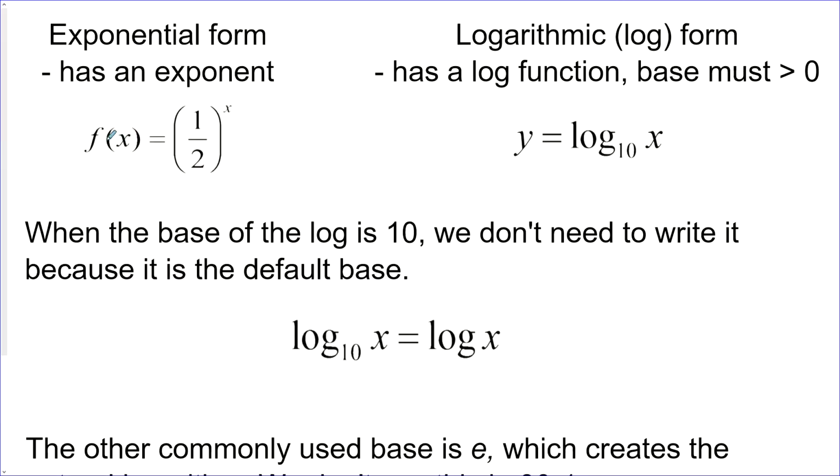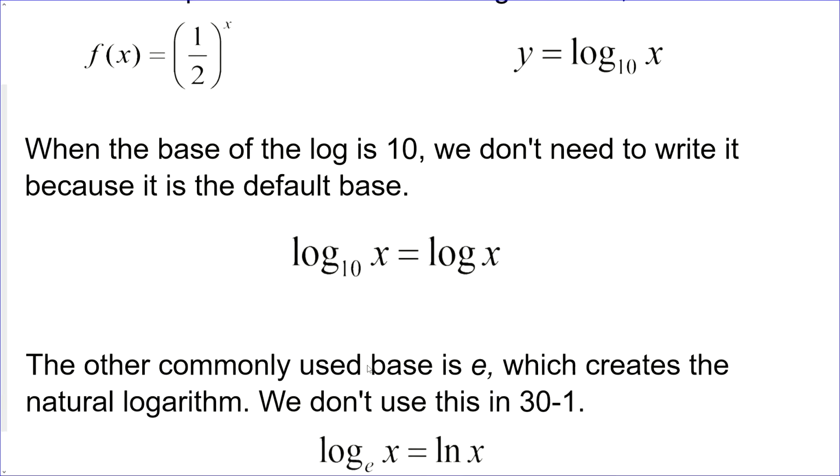Exponential form is an expression or function written with an exponent, and logarithmic form is when it's written with a log function in it. The default base of the log is 10, and so we don't need to write it, just like the index of a square root is 2, but we don't write it because that's the default. So you'll find log on your calculator, and it means log base 10.